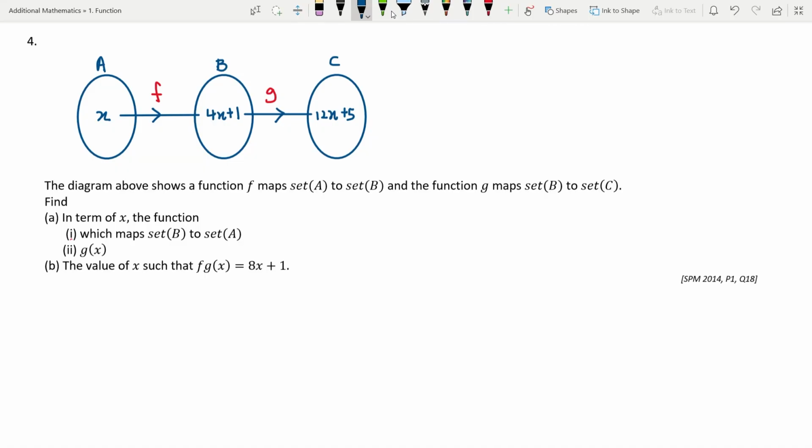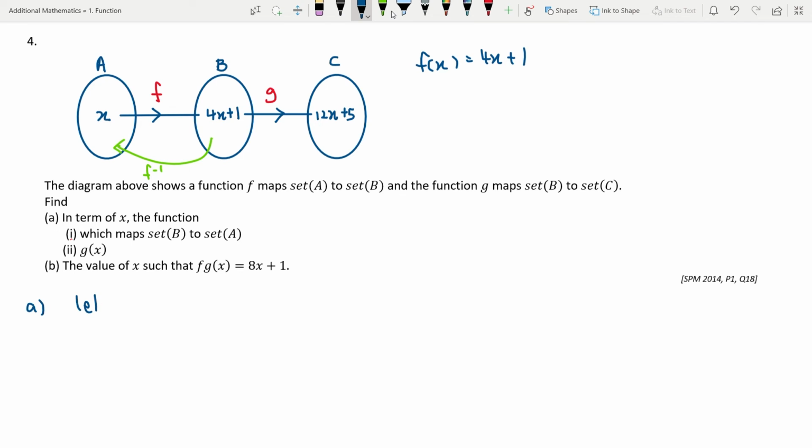Question 4. The diagram above shows a function f maps set A to set B, and the function g maps set B to set C. Find, in terms of x, the function which maps set B to set A. We need to find the function that maps set B to set A, and it is actually f inverse. Here we have f of x equal to 4x plus 1.